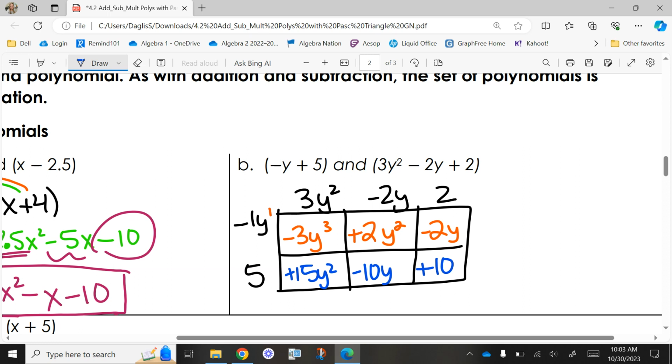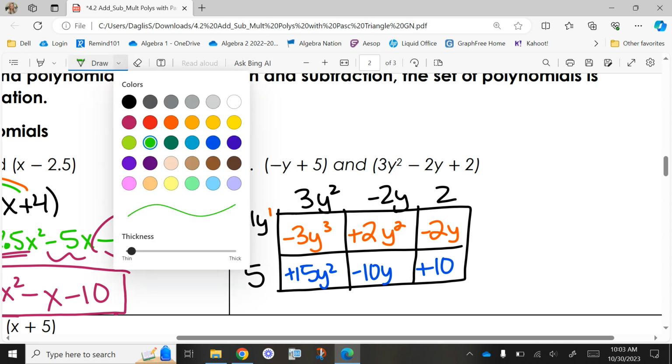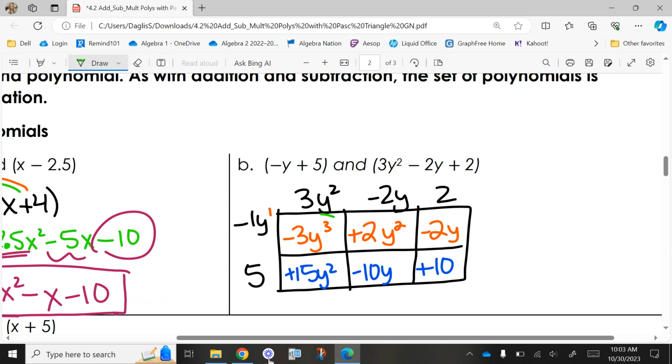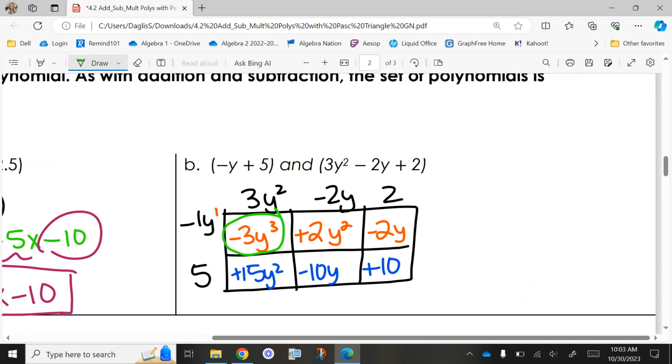So if you're used to doing it this way, what do we do next? Yeah, we find our like terms still within the table. Okay. My highest exponent is going to be y to the power of 3. There's only one piece that has it, right? So negative 3y to the power of 3.